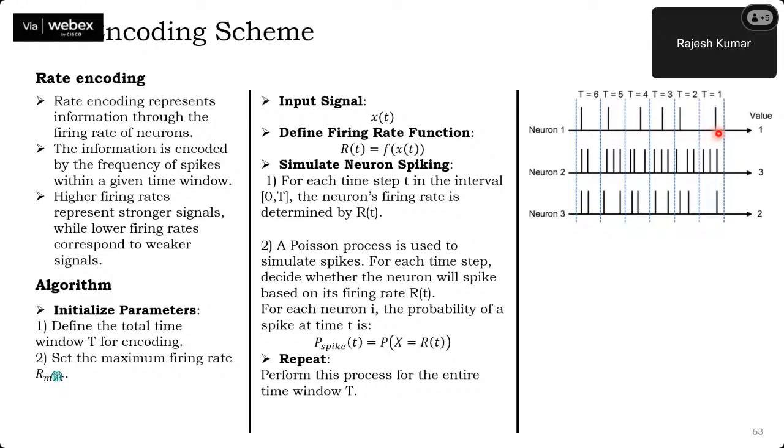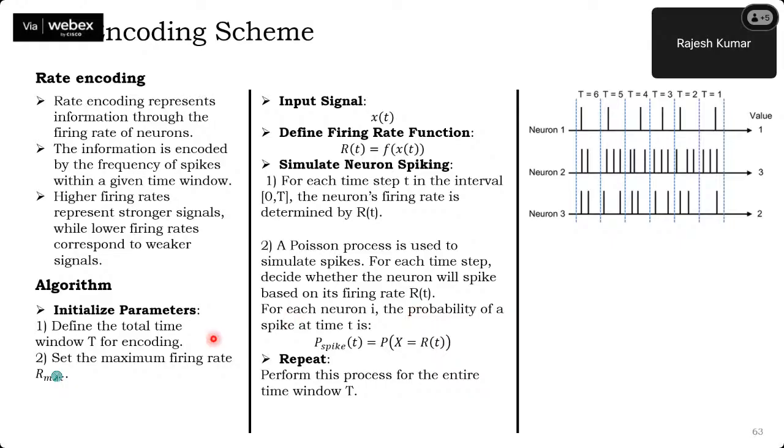During every time step, there is only one spike. That is a representation of the frequency. So this is equivalent to a value 1. If I look for value 3, that means there are 3 spikes in every sample. If I am looking for value 2, there are 2 spikes in every sample. That is basically the rate encoding scheme.